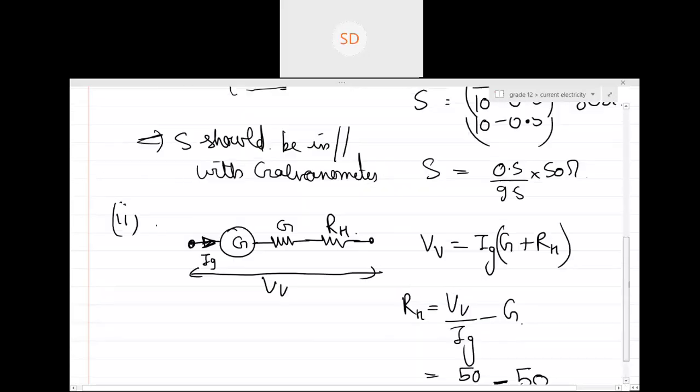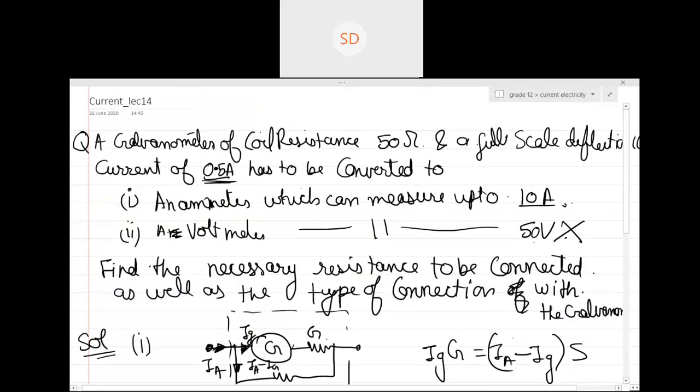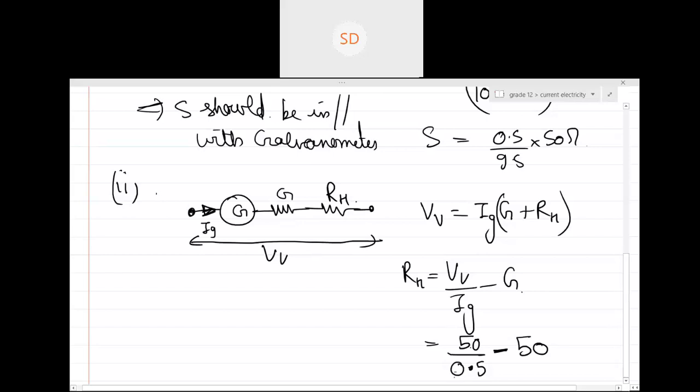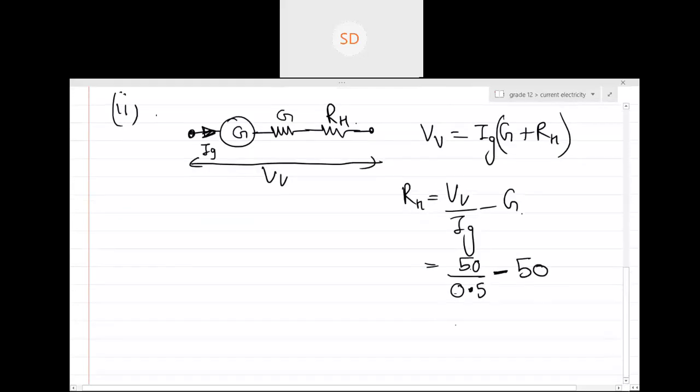I changed the question. I told you to make it 50 volt. So it becomes 50 volt upon 0.5 minus 50. This will be 100 minus 50. And this will be how much? 50. Answer. Although please remember the galvanometer will not have that much resistance which I have mentioned over here.